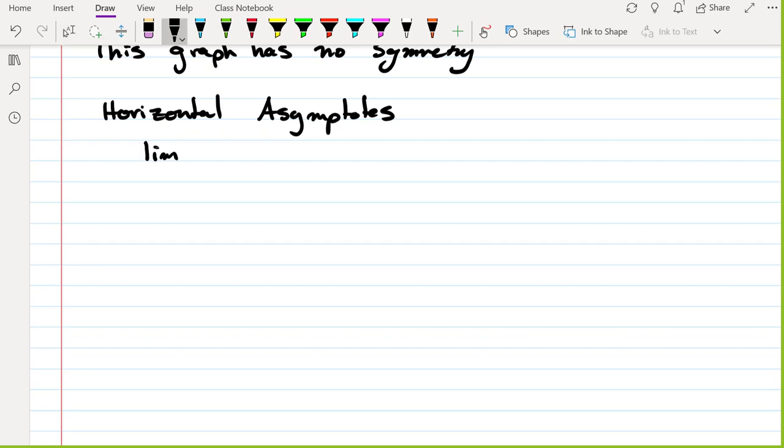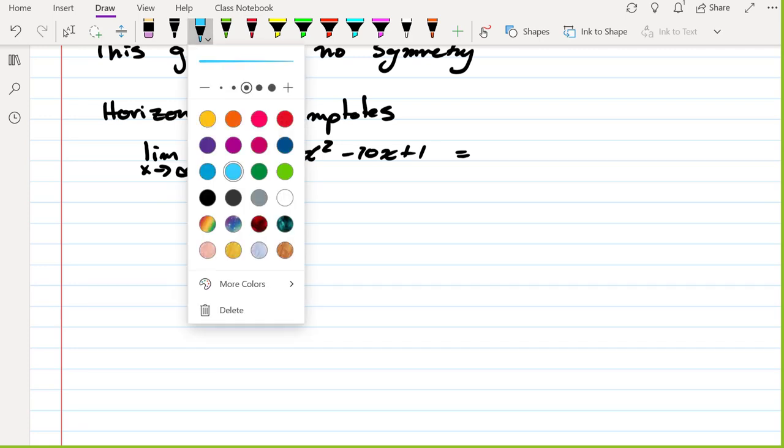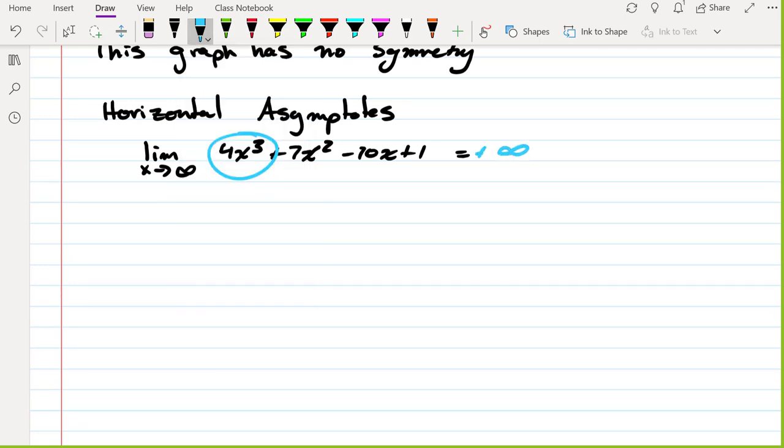But if I take the limit as x goes to positive infinity of our original function here, so we would have 4x cubed plus 7x squared minus 10x plus 1. What's that limit going to be? Well, which of these terms is going to dominate? Well, that's going to be this one. So as we go to positive infinity, we're just going to get positive infinity. So we're not going to get a horizontal asymptote there.